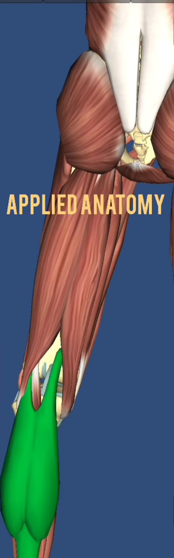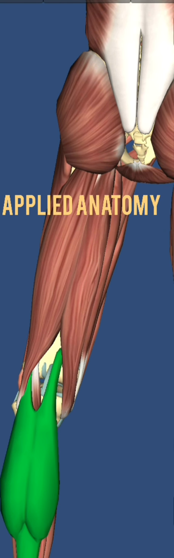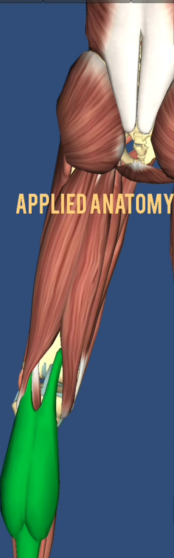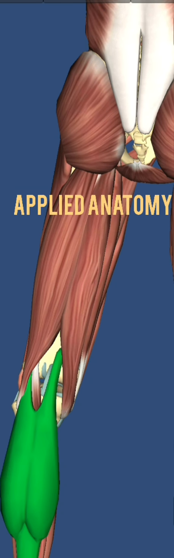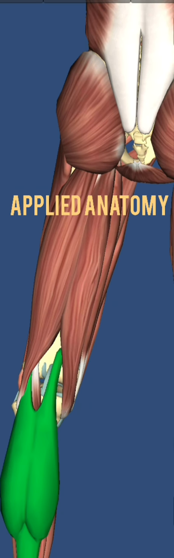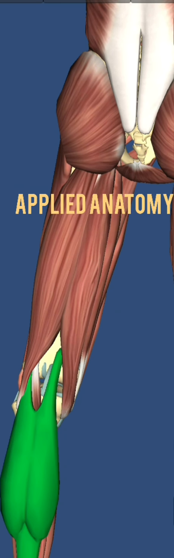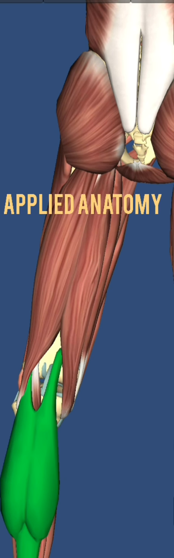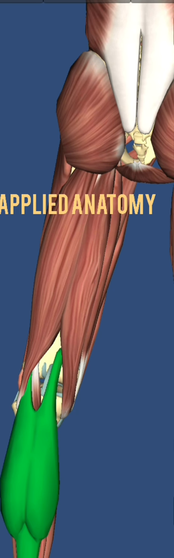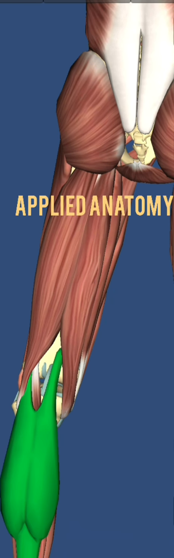Then there's also something called the popliteal pulse. Remember the popliteal artery is actually very deep. It makes it difficult to feel this pulse. But there's a way around it. There's a way one can feel the popliteal pulse.